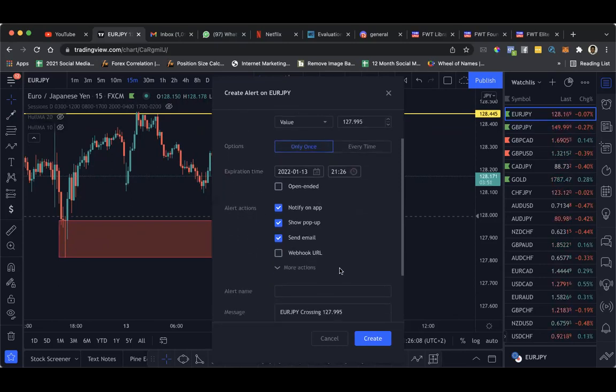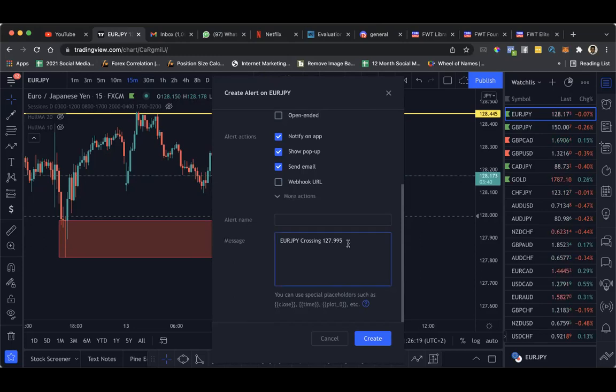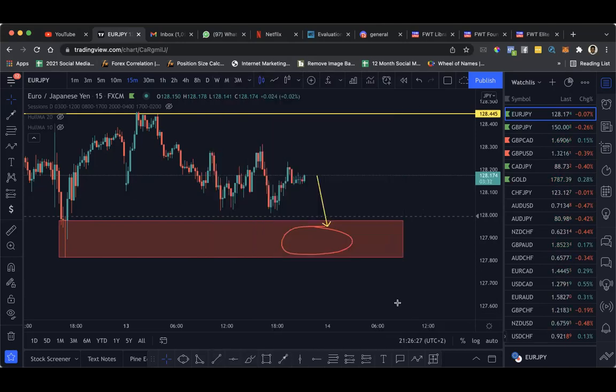Okay, you can see. So this one will notify me on the app. It will show a pop-up. It will send me an email. So when price crosses this level, I can also name it break of entry. So when I set an alert here, and then if price comes back to this zone and crosses this level, I will be notified.